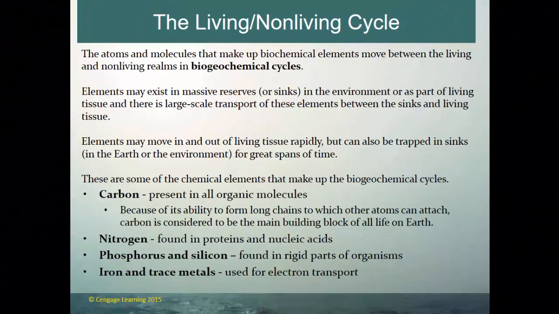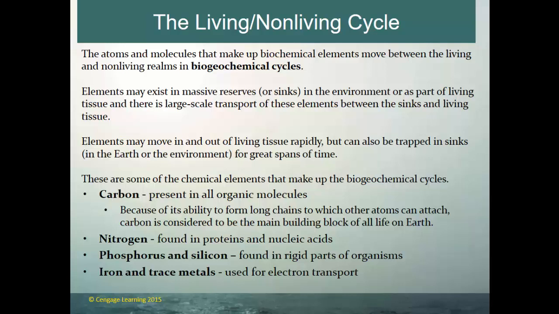So now we want to talk about the living and non-living cycle, and the fact that atoms and molecules that make up biochemical elements literally move between the living and non-living realms in what are known as biogeochemical cycles, essentially cycling in and out of living things, and in and out of rock, and in and out of ocean, and in and out of gases. Elements are able to exist in massive reserves, also known as sinks.